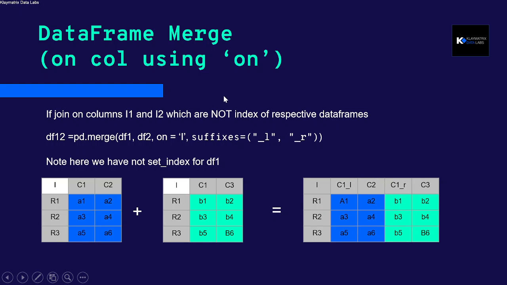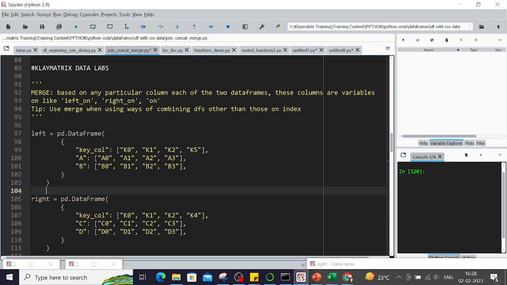So more or less it also behaves like join, but for more variations where we don't want to use index to join, you want to use columns, you would be better off with merge. So let's discuss merge on our Python coding window.